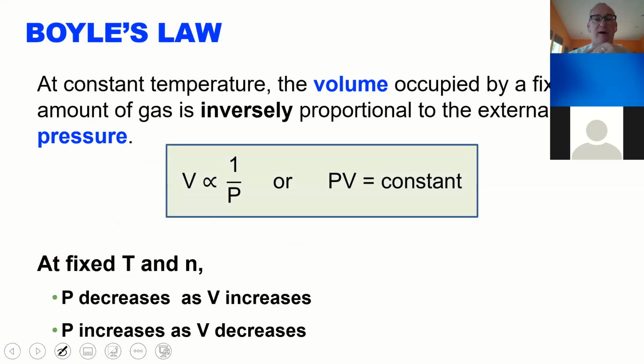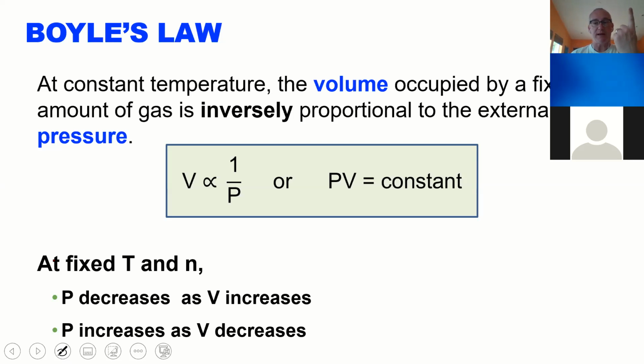Just as I mentioned before, if you increase the volume, you now have fewer gas molecules per area than you did before. And so the pressure is going to go down, because now there's more space for those gas molecules to move and not come in contact with the sides of the vessel they're in.